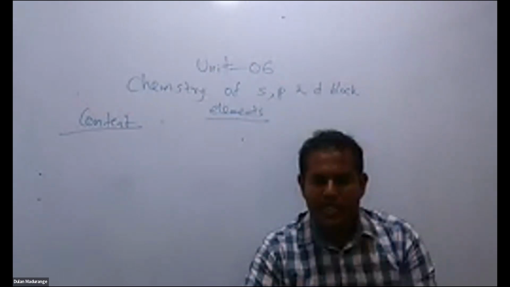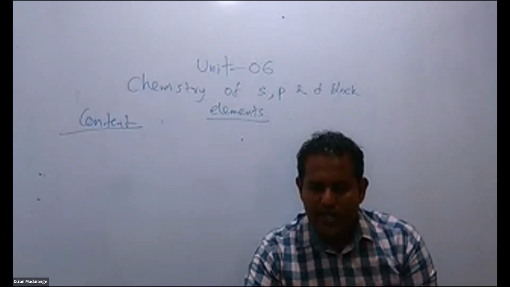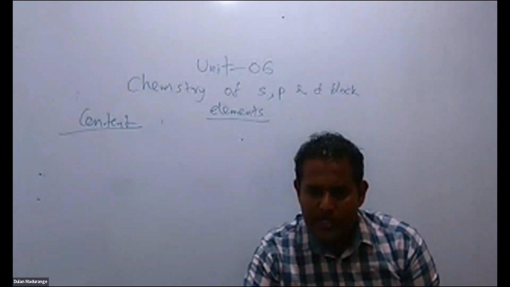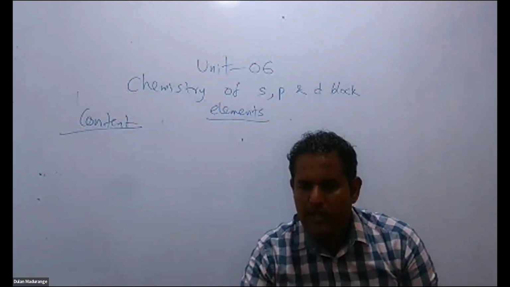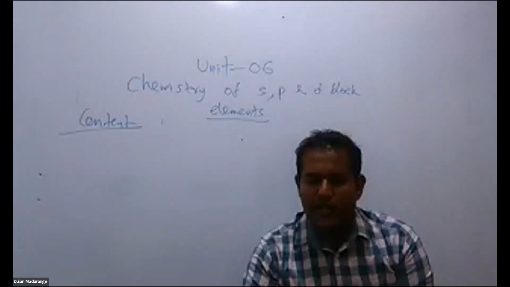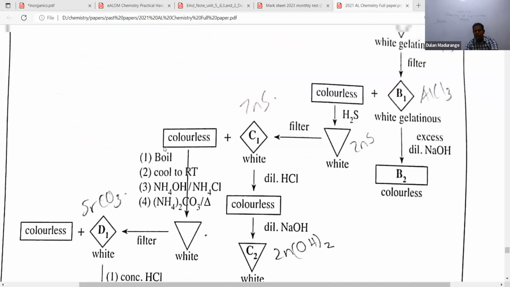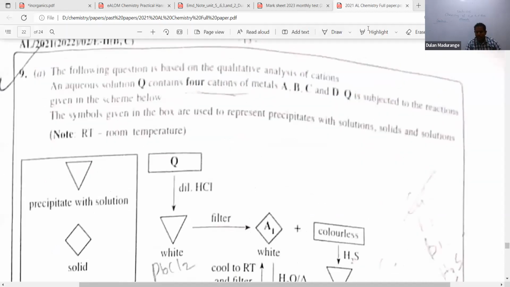I can show the 2021 paper in the paper discussions. This is the 2021 A-level paper, question number 9, with the following questions based on qualitative analysis of cations.